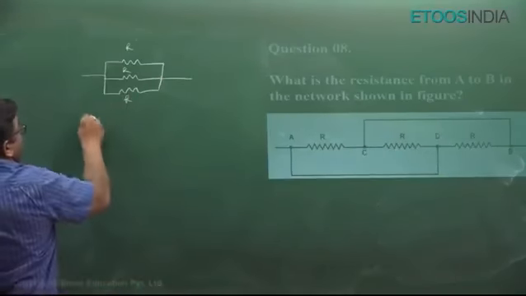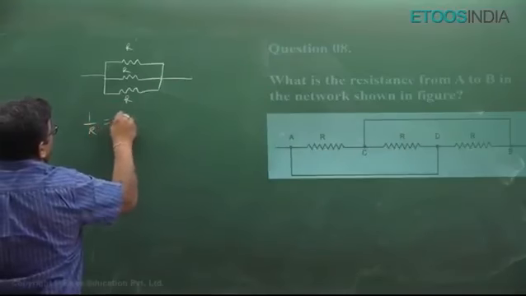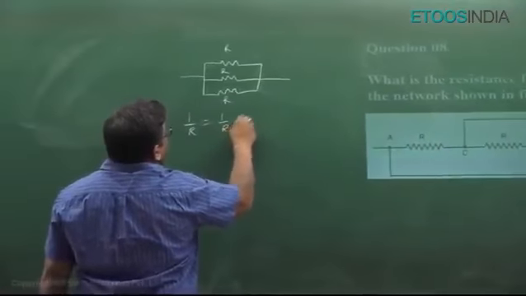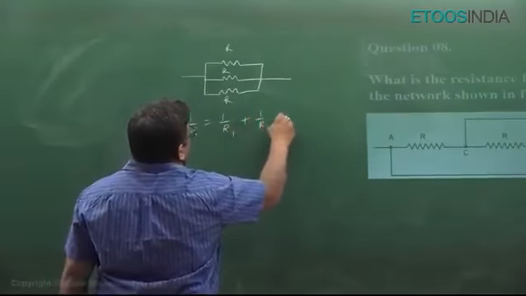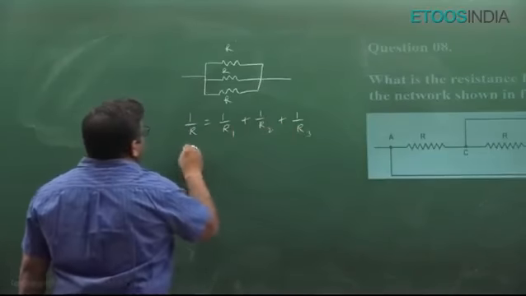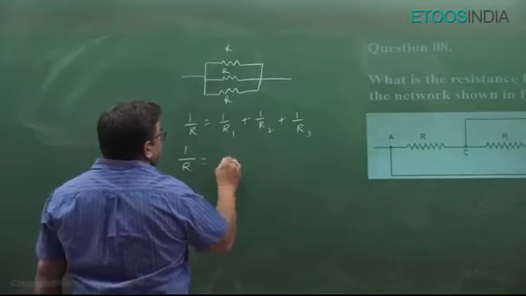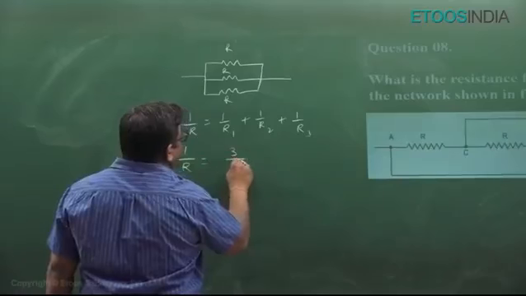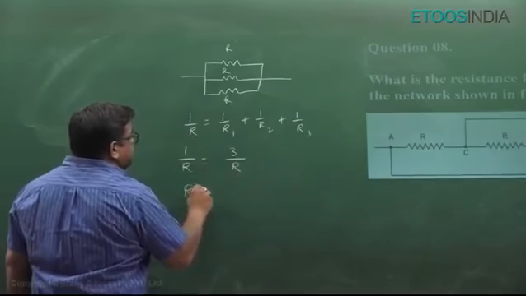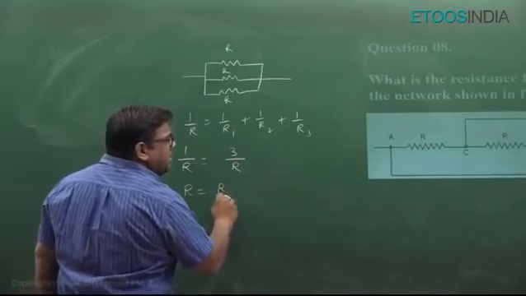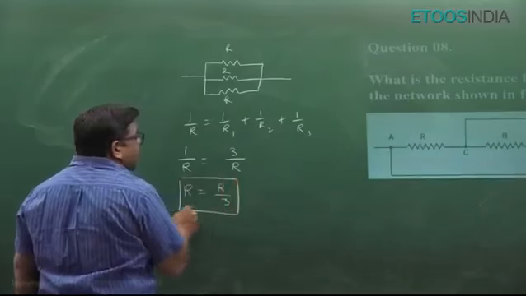So 1 upon R is equal to 1 upon R1 plus 1 upon R2 plus 1 upon R3. So the answer will be 3 by R, or R is equal to R by 3. This is the final answer.